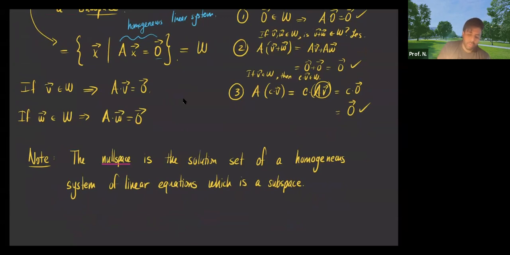And there's also one more way we refer to the null space. We also refer to the null space as the kernel. It's also known as the kernel of a transformation.